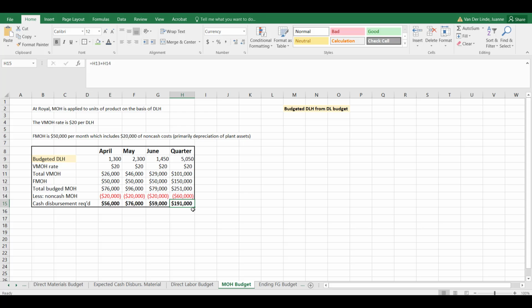So only $191,000 is estimated to be required in cash to pay for manufacturing overhead for the entire quarter here. So we can get that way, or we could have simply added these 3 cash disbursement amounts for each month together to find the quarterly amount. So that's how you complete the manufacturing overhead budget. Next, we will complete the ending finished goods budget.